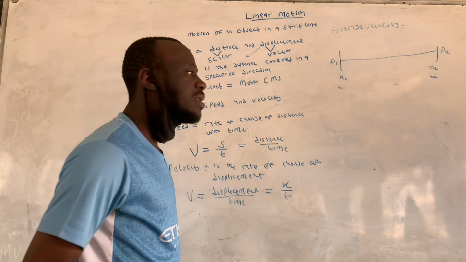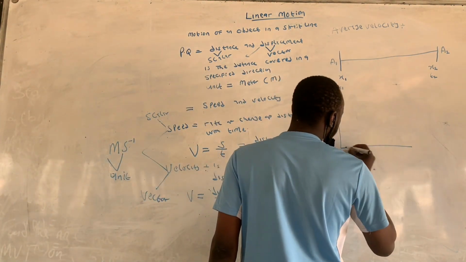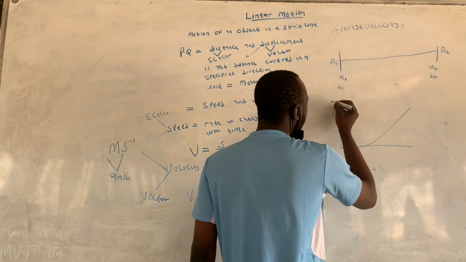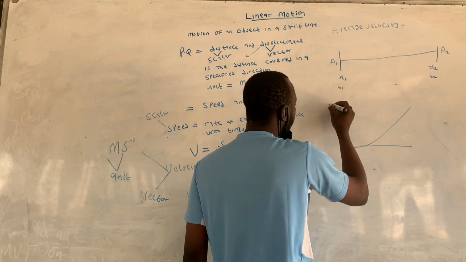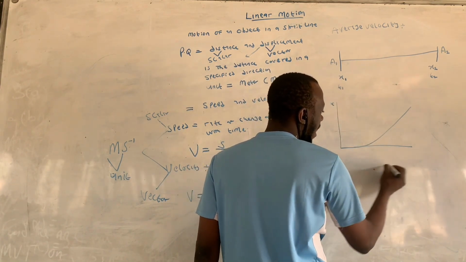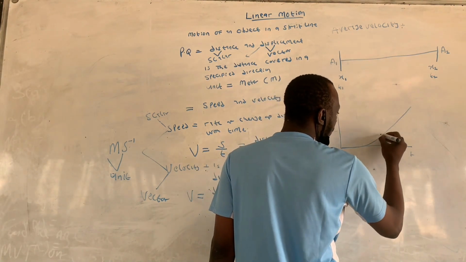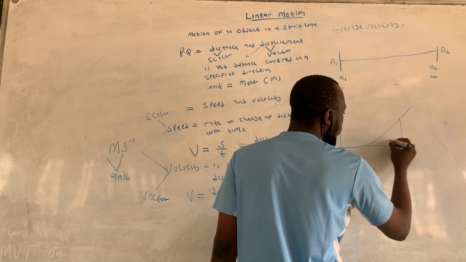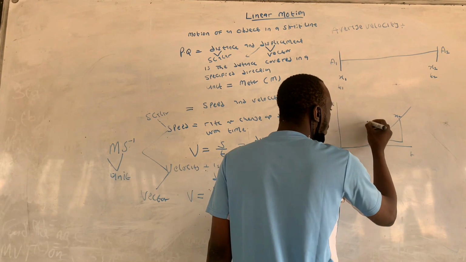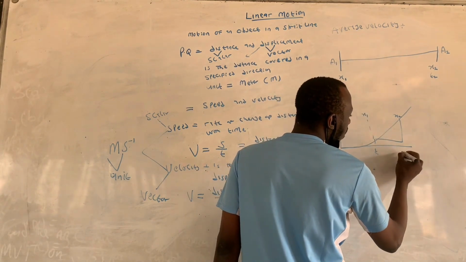In this case, when a graph of distance x against time t is plotted, we can figure out the slope.